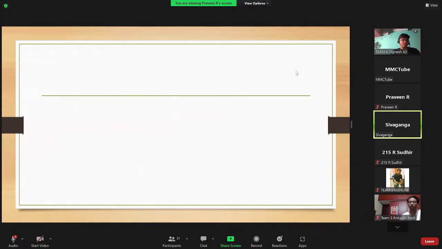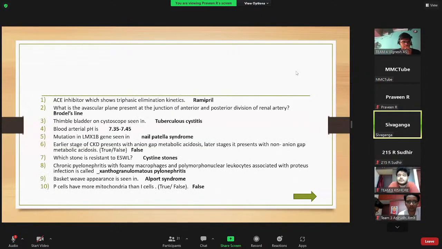Answer slide, Ravi. The first one is the ACE inhibitor which shows triphasic elimination kinetics, ramipril. Second one, Brodel's line, is correct. Third one, thimble bladder seen in tubercular cystitis, you said right. Fourth one is correct. Fifth one is also correct, nail patella syndrome. Sixth one is false. In earlier stage of CKD, it will be non-anion gap metabolic acidosis.